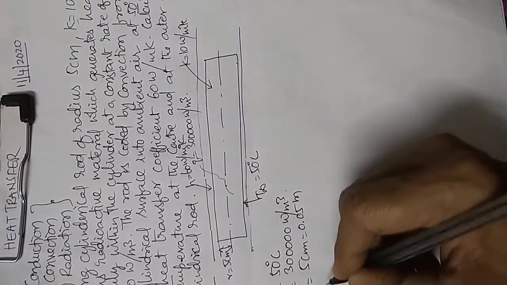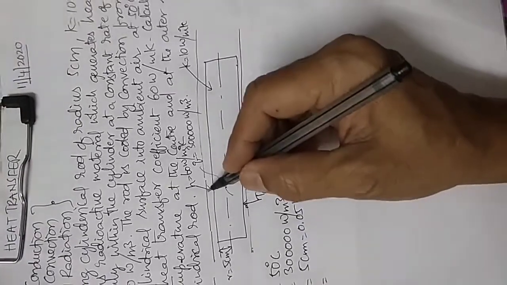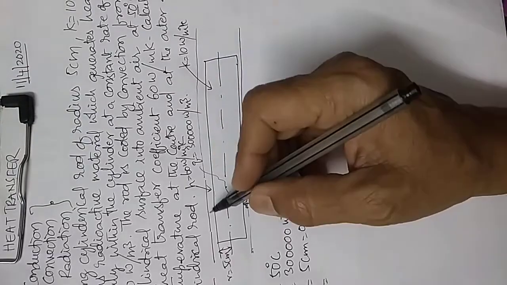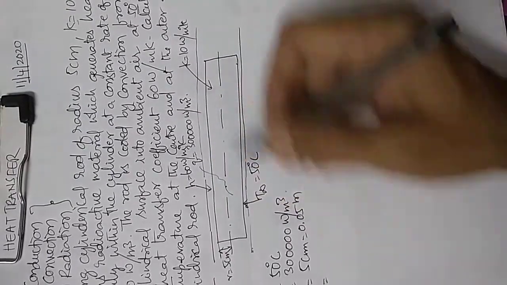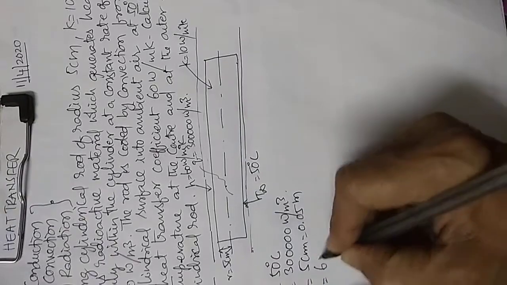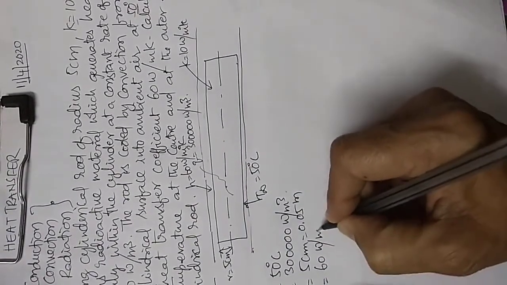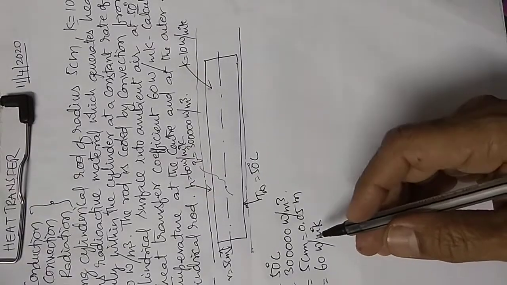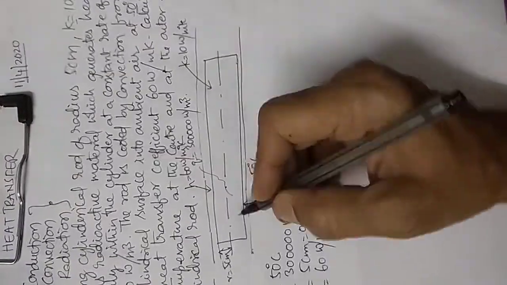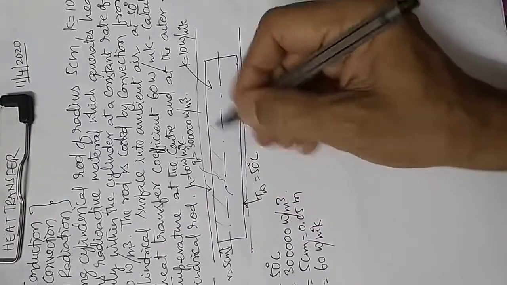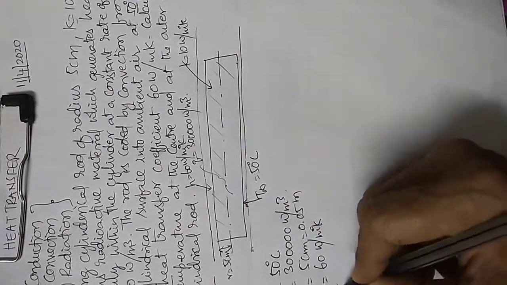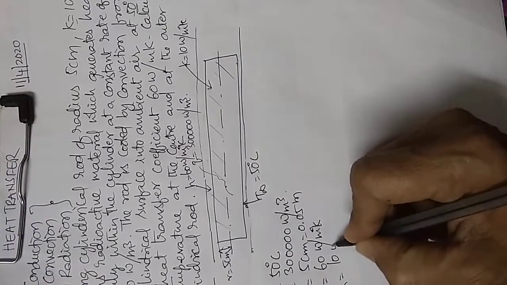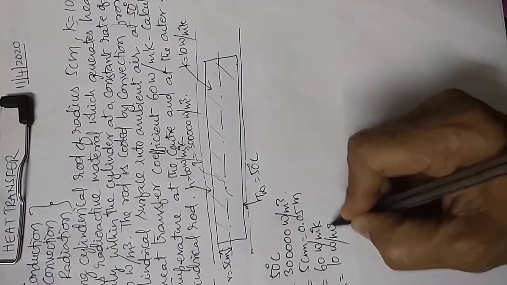Then H, the heat transfer coefficient of the cool ambient air surrounding the cylindrical surface, is 60 watts per meter degree Kelvin. And the thermal conductivity K of this cylindrical material is 10 watts per meter degree Kelvin.